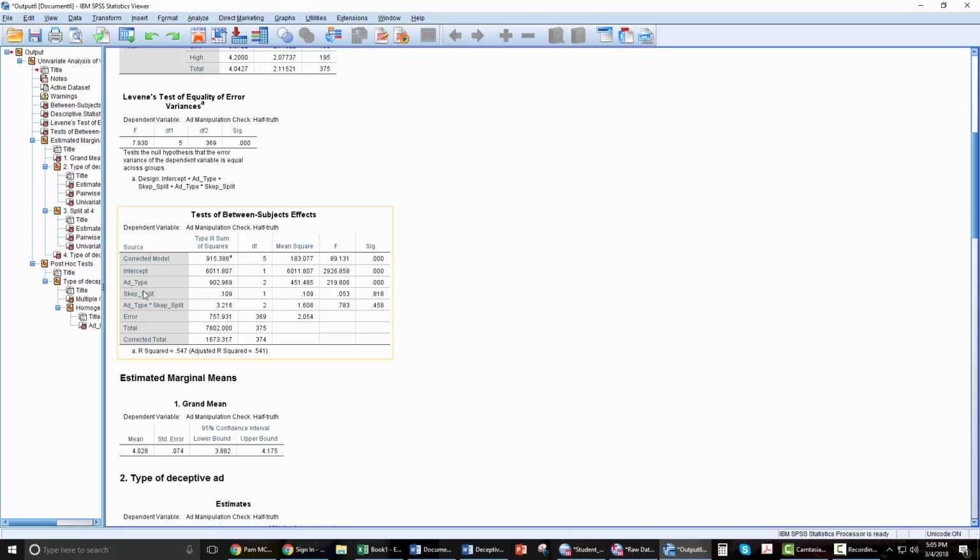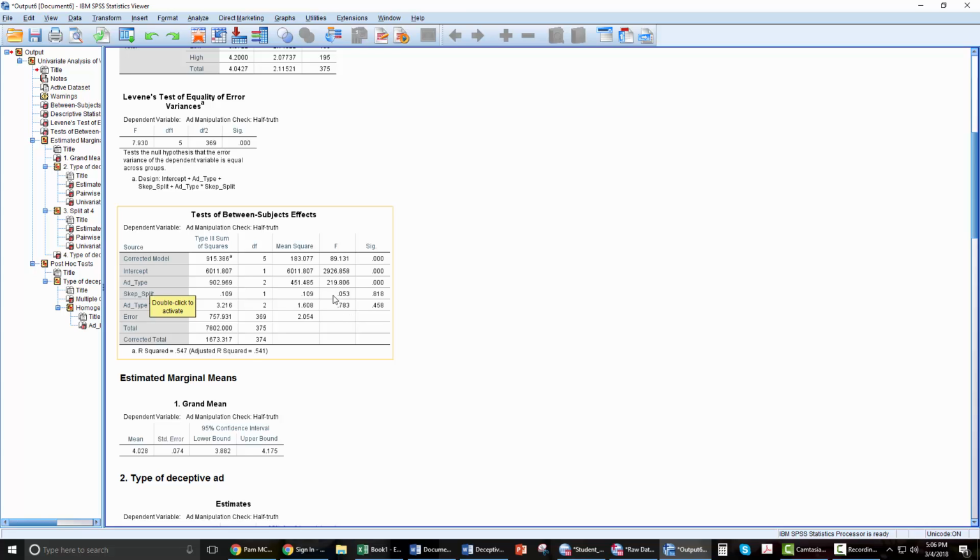So let's just say right here we would say there's a statistically significant effect of add type, with F being 219, which is a massive F. Let's assume that we just move the decimals like 5 places to the right. So there was a statistically significant effect of skep if this were like a 5.3, and a statistically significant interaction if this were 78.3.